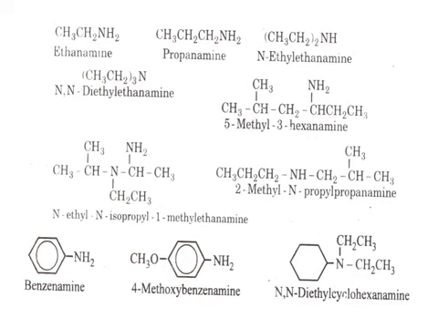This nitrogen, which is tertiary, is connected to one ethyl group and one isopropyl group. So it will carry the name N-ethyl, N-isopropyl. The carbon that is sandwiched between two nitrogen atoms is also connected to one methyl group. So 1-methyl ethane amine.